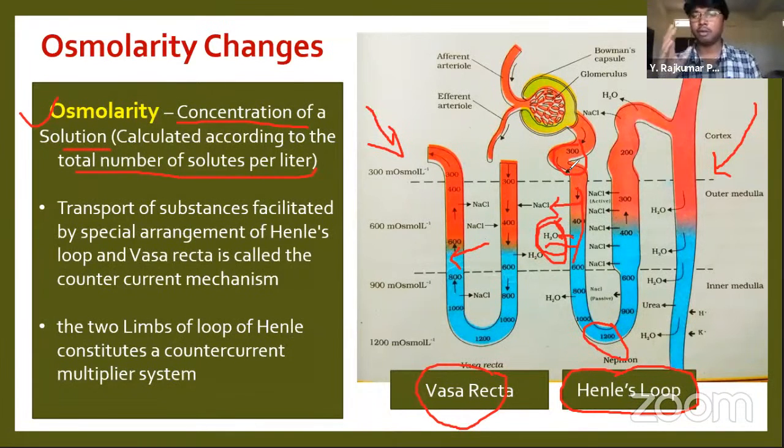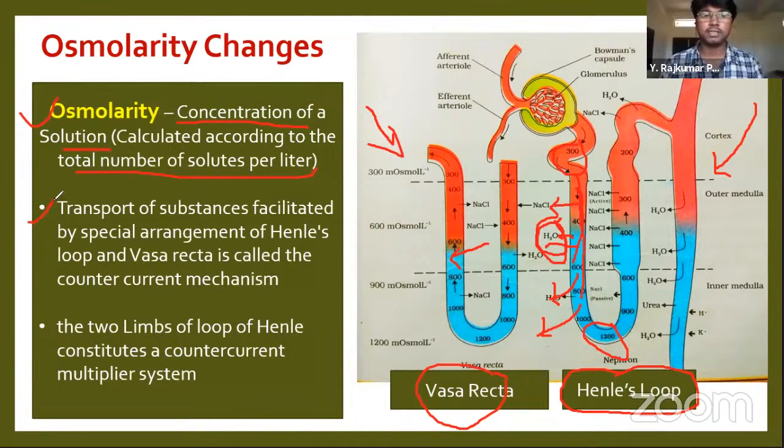Remember only one thing: as the filtrate moves downwards, due to elimination of water from the tubule, the concentration of the filtrate increases from 300 osmolarity to 600 osmolarity.